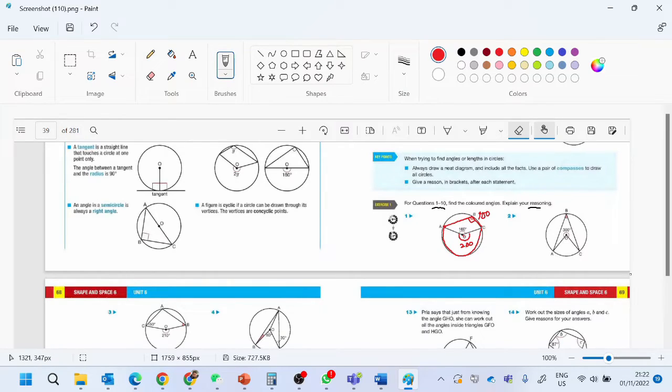This is a rule, and the same rule applies here as well. If this angle is 300, that means this one angle is 60, because the angles all around a circle are 360, and if this angle is 60, this angle should be half of it, so it should be 30.